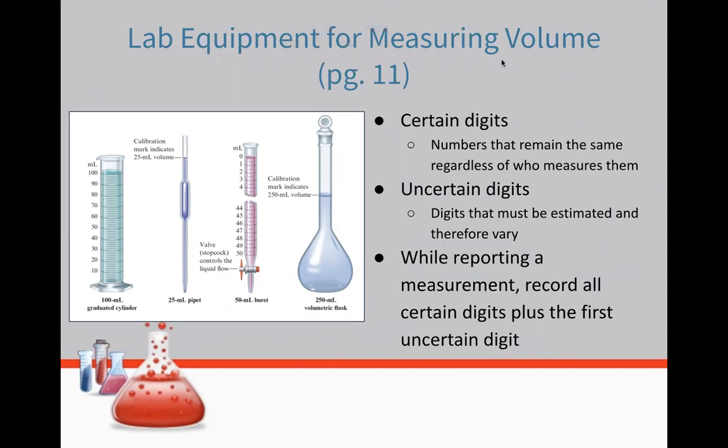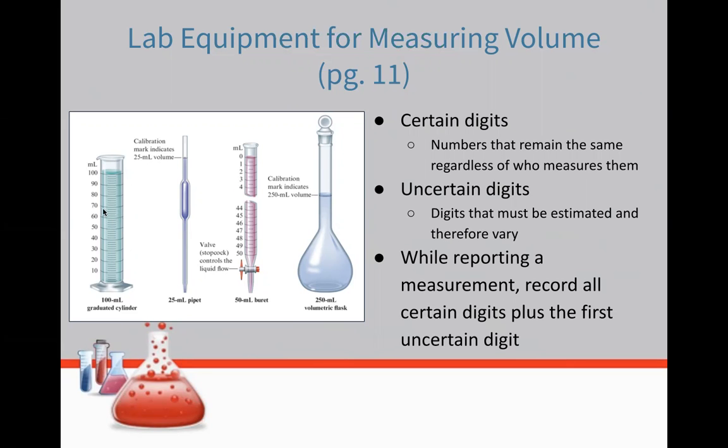So on this page, we're looking at different types of lab equipment that can be used to measure volume. We've got a graduated cylinder, a pipette, a burette, and a volumetric flask. You can tell that each of these has a different amount of precision in the amount that they can measure out.